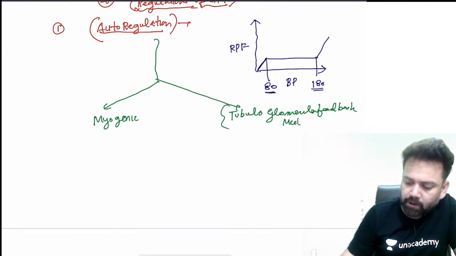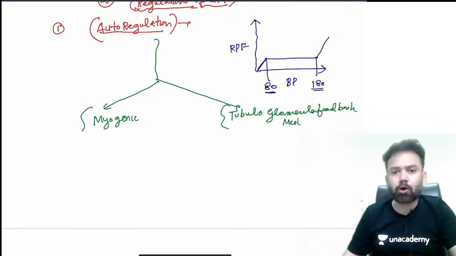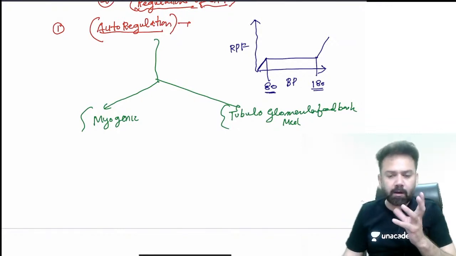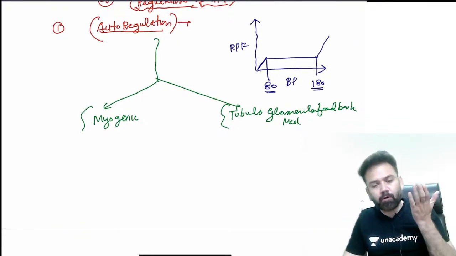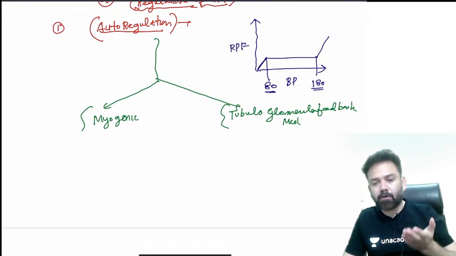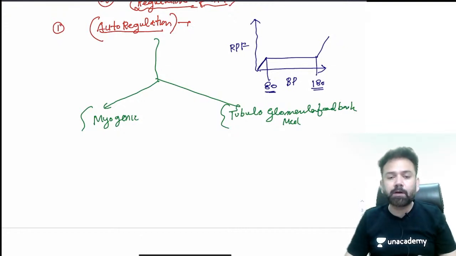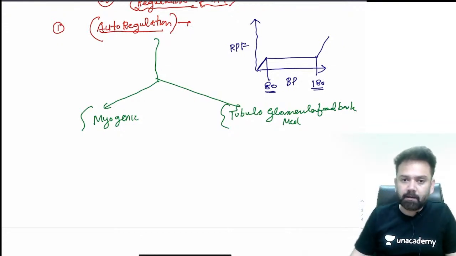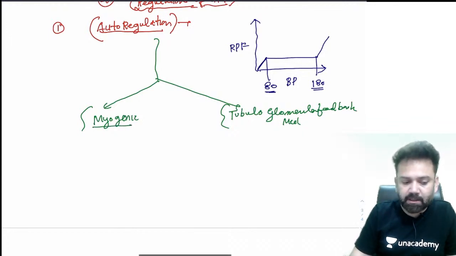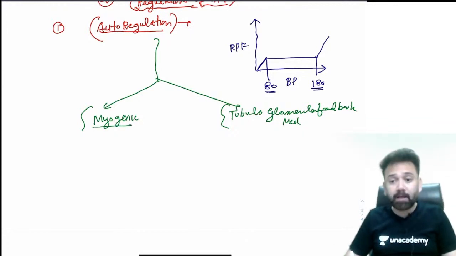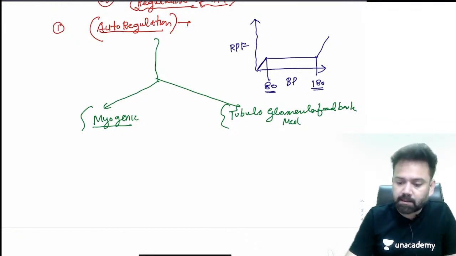So what is autoregulation? It is automatic, like a Jaguar pump. If your hands are like this, water will come. If you pull out your hand, water will stop. So it is something auto regulated. But there are two different autoregulation mechanisms. One is called myogenic, the other is called the tubuloglomerular feedback mechanism. Let me discuss one by one.